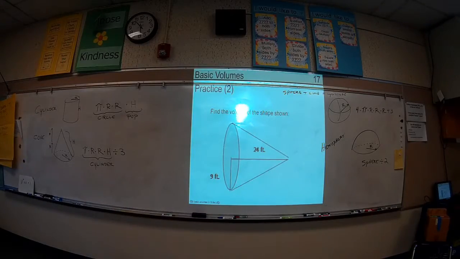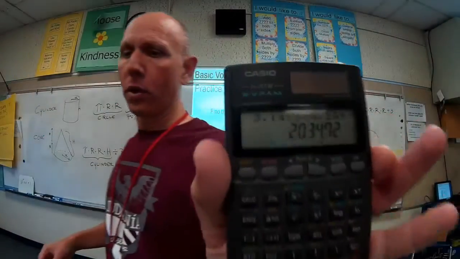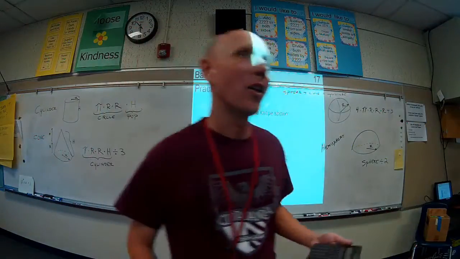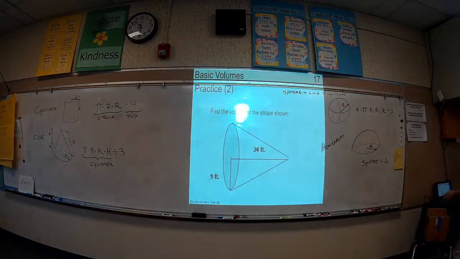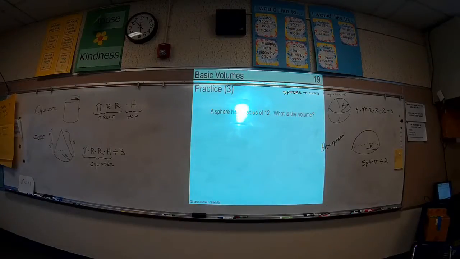You ready? Which one's the cone? That's the one we didn't talk about this morning. Did you get it? That's for the cylinder. Next one. No, it's for the cone. Some people are already ready on the next one. So we have a sphere with a radius of 12.